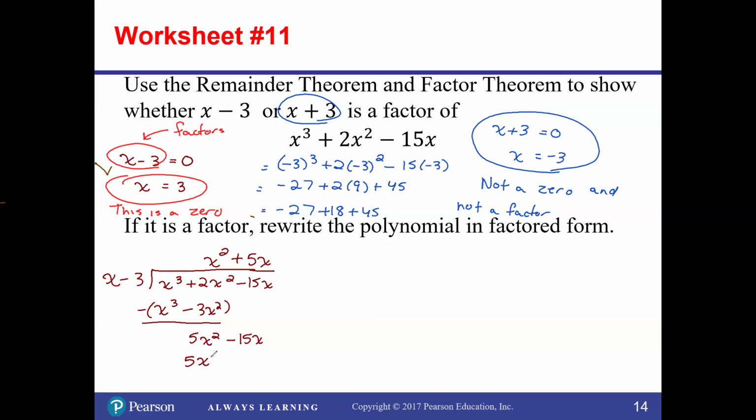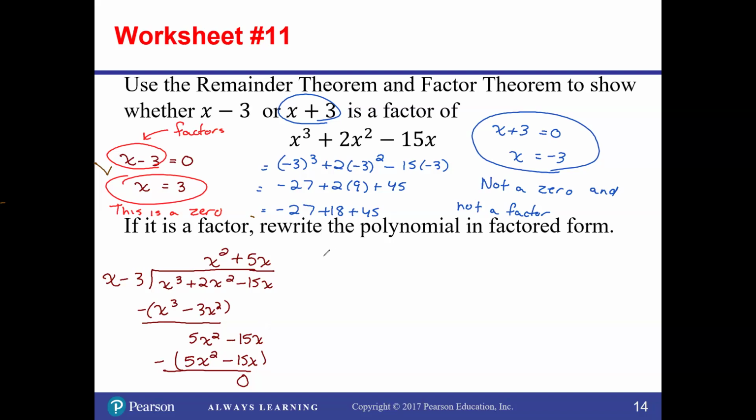Plus 5x times x is 5x squared, plus 5x times negative 3 is negative 15. Okay, no, I'm good. I thought I was missing something there. Yes, and then that will leave me with 0, which we knew should have happened.